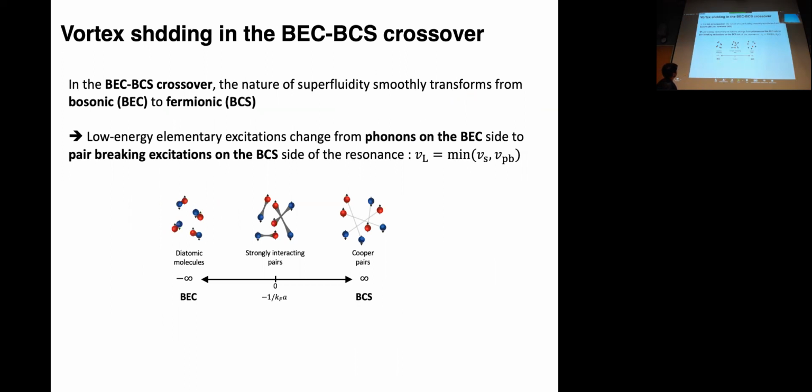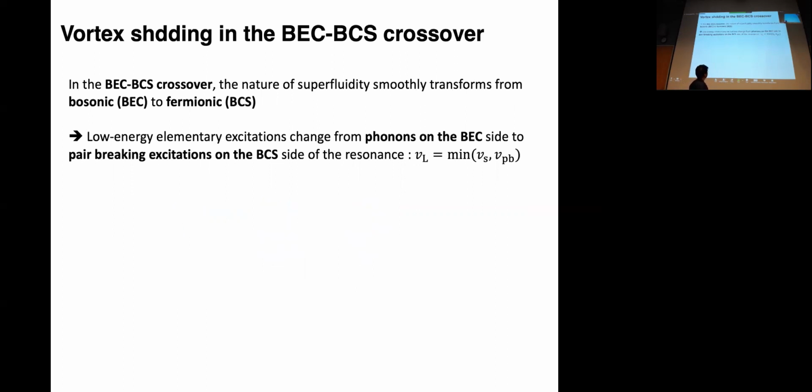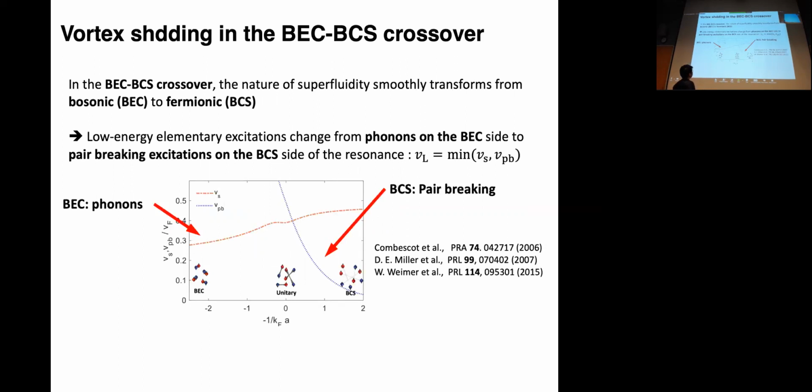Now, as I said, in the vicinity of a Feshbach resonance, the nature of superfluidity smoothly changes from bosonic Bose-Einstein condensates to unitary superfluids to fermionic BCS superfluids. And what that means for the Landau criterion is that the nature of the low-lying excitations changes its character from phonons on the BEC side of the resonance to fermionic pair-breaking excitations on the BCS side of the resonance.